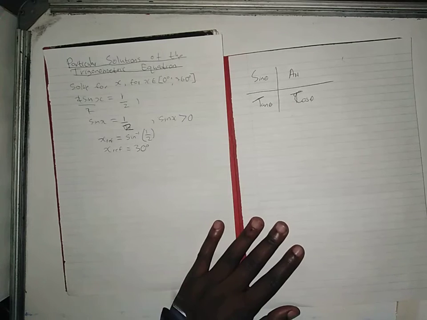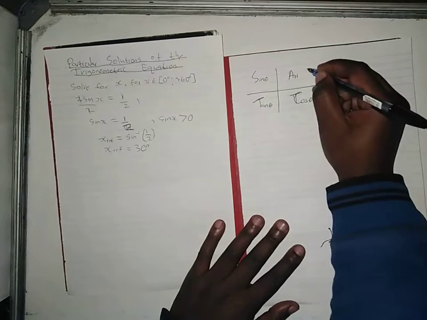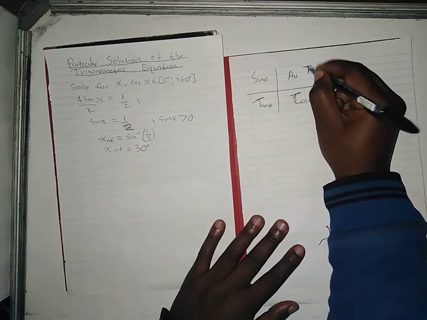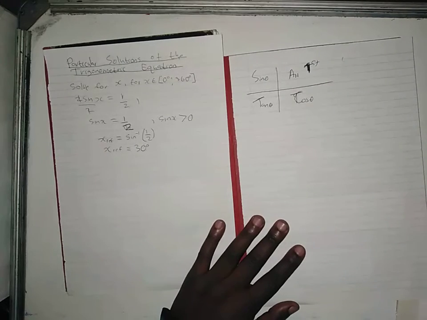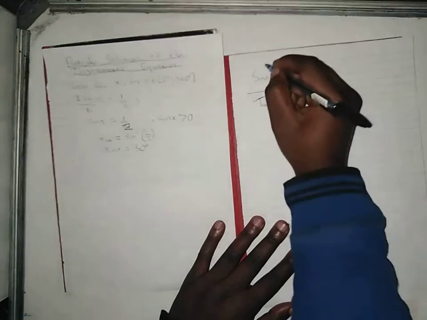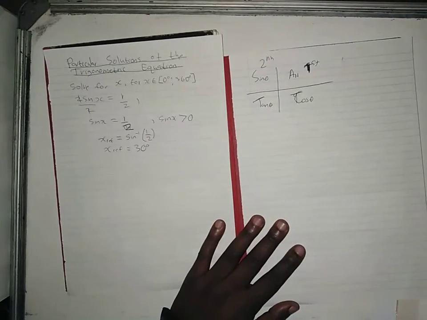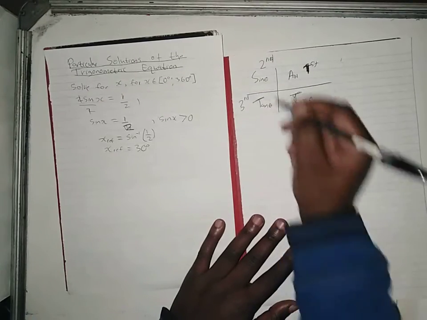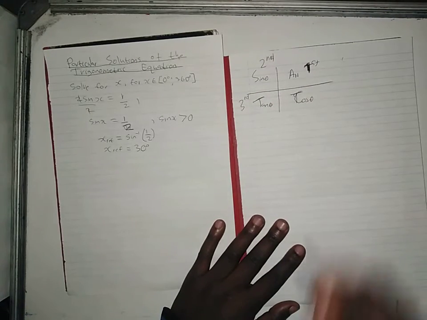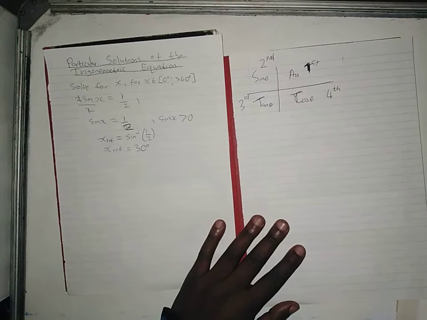So when you are doing this kind of thing, it is very important to note that in the first quadrant all trigonometric functions are positive, in the second quadrant it's only sine theta that is positive, in the third quadrant it is tan theta, and lastly in the fourth quadrant it is cos theta that is positive.